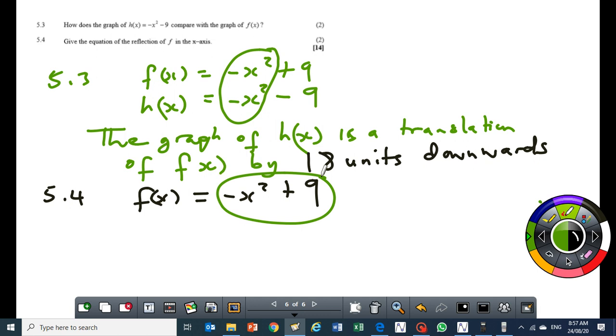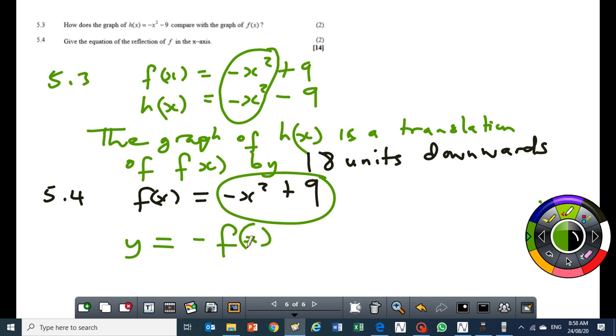So, your new equation, we have to give it a name. I'm not going to use g of x because it's already there, or h of x, so I'll call it y equal to. Reflection about the x-axis can be given by the following equation: y equal to minus f of x.